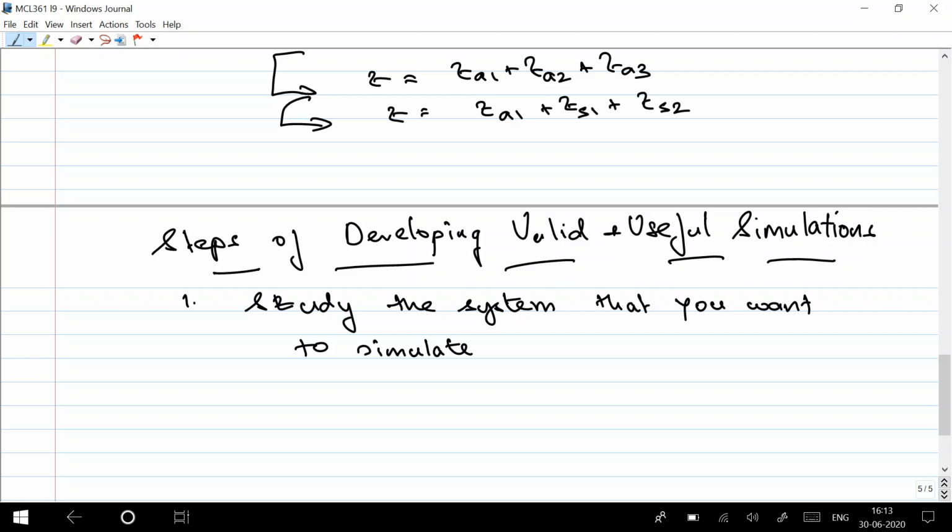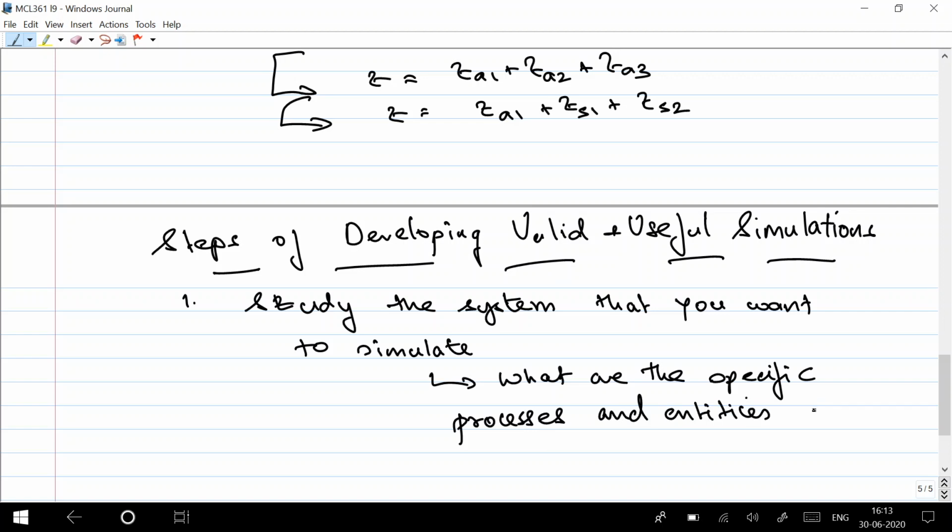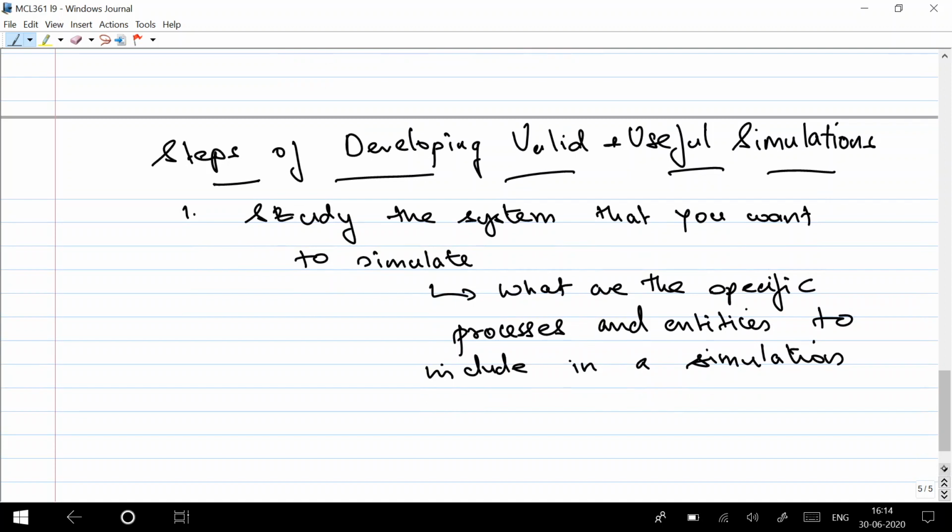Once you decide what you're going to include, you have to figure out the specific processes and entities to include in the simulation of your system.